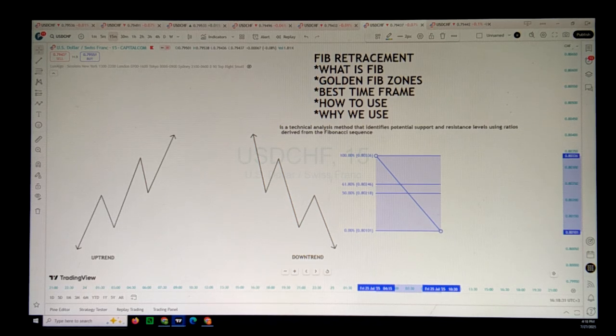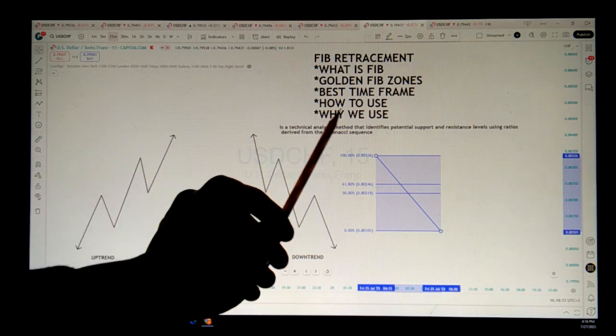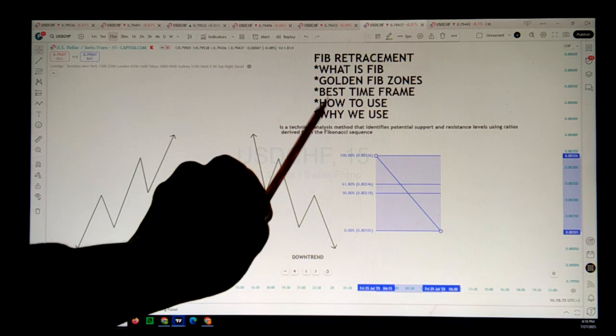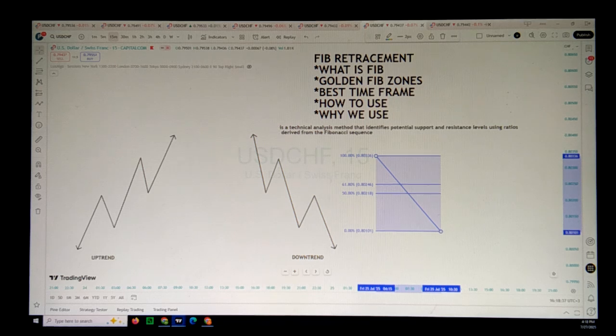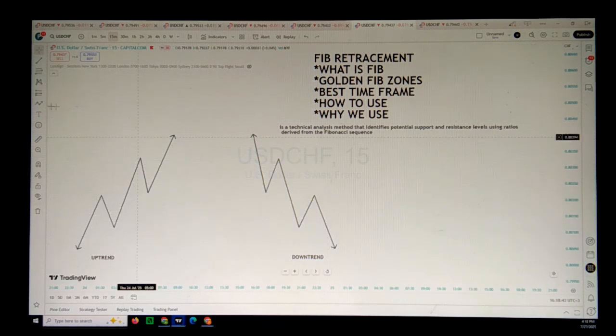So I'll be talking about how to use Fibonacci retracement. Now we are here. So guys, let me first delete this Fibonacci tool and we start again. So let's pick our Fibonacci tool here. This one, Fib retracement. Just click it once.